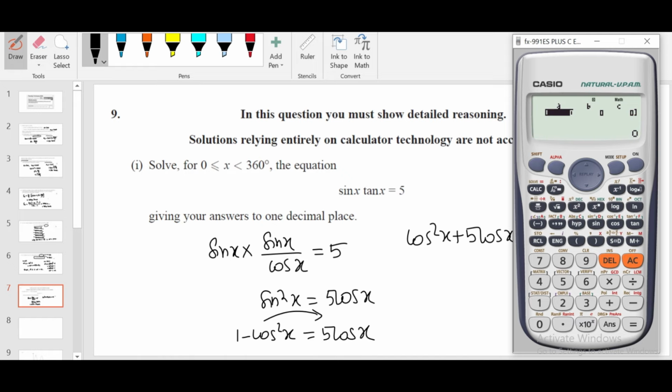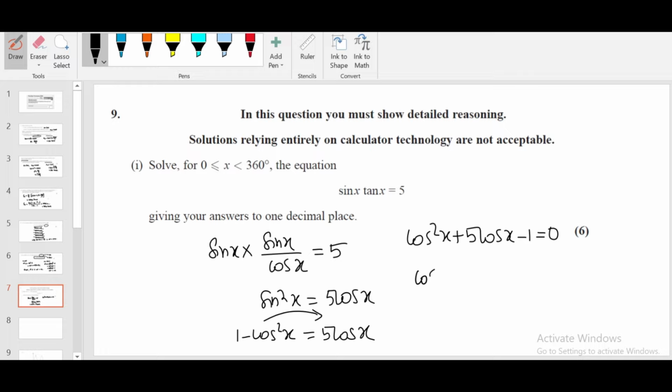Go to equation mode 3, with coefficients 1, 5, negative 1. Negative 5 plus or minus square root of 29 over 2. So cos x is negative 5 plus square root of 29 over 2, or negative 5 minus square root of 29 over 2.